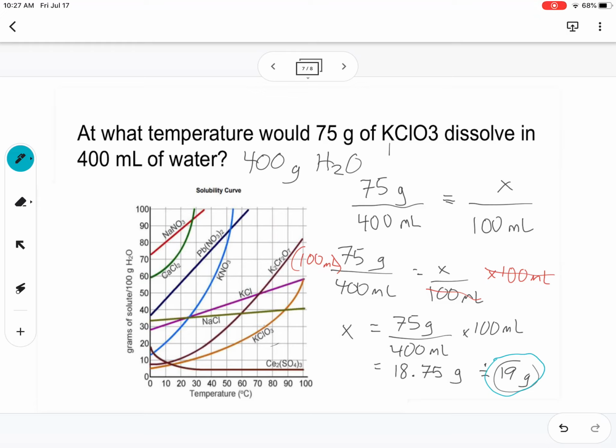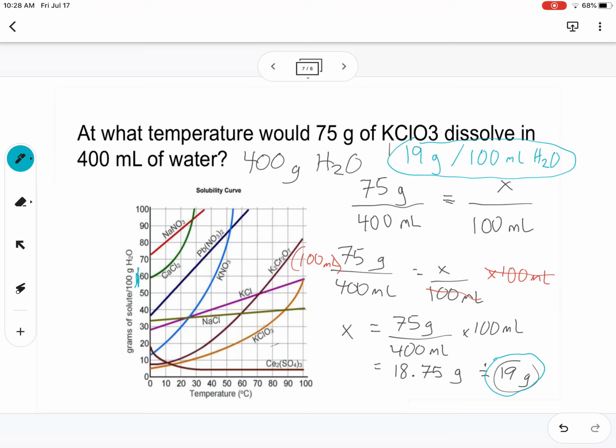So instead of thinking that it's 75 grams per 400 milliliters, I'm going to instead say 19 grams per 100 milliliters of H2O. Because that'll be what I'm going to be looking for on my graph, because the solubility measurements are given in terms of a mass of solute per 100 grams or milliliters.